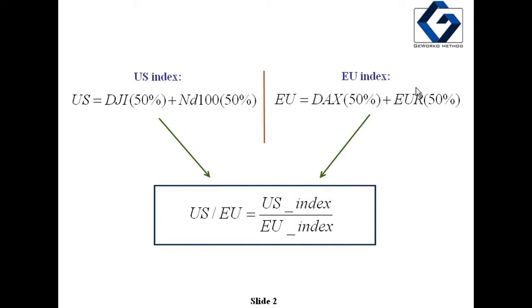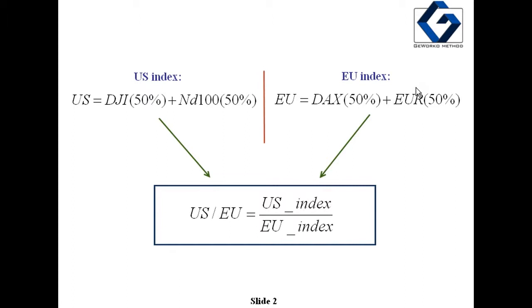DAX characterizes the state of the main drivers of economic growth in the European Union, as German GDP has the highest value among the European countries. Its gross domestic product is almost 20% of European gross domestic product. So, lending and investment opportunities of European participants are dependent on the economic development of this country.